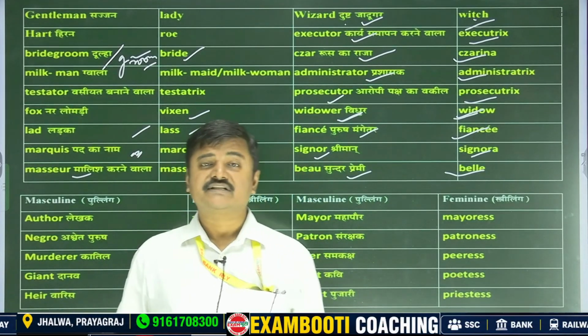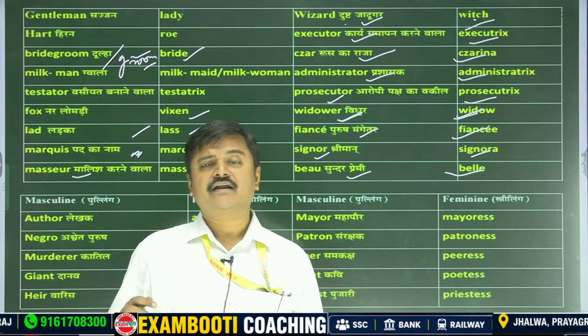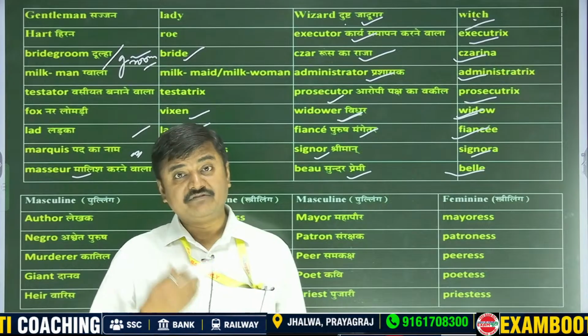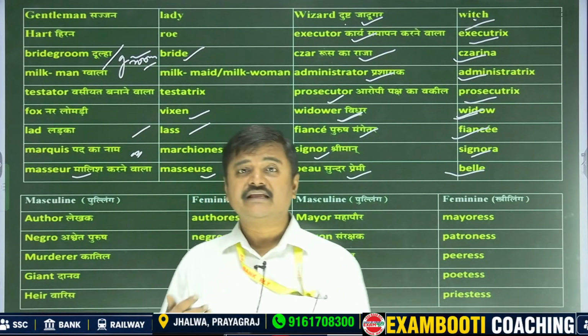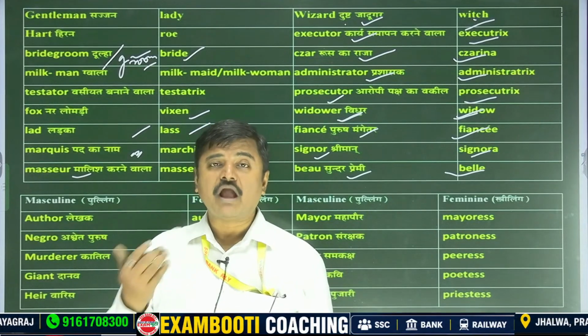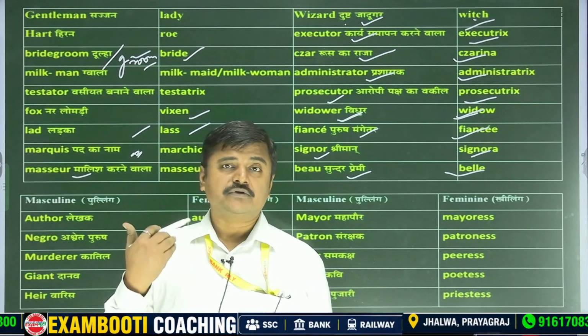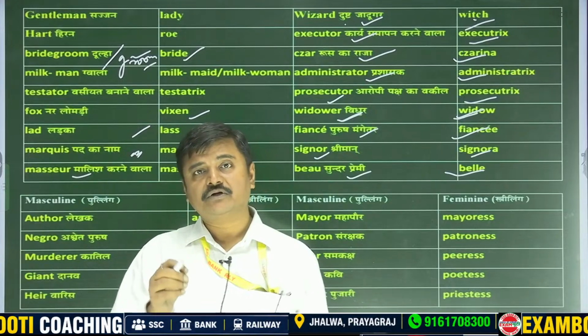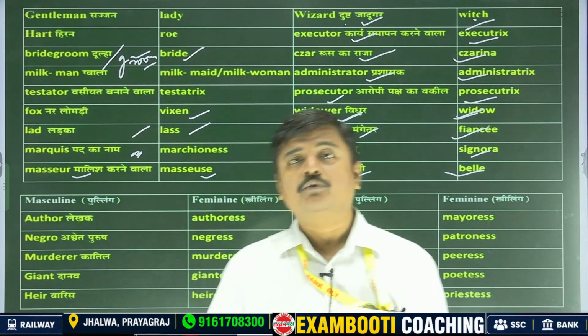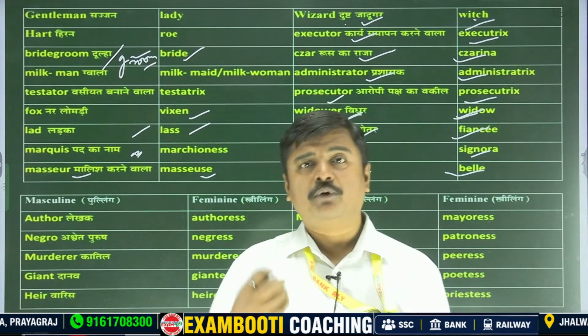All these words are very important. Even if they are not asked in a direct way, if they are anywhere in any sentence or paragraph, you have to have the knowledge of this word to understand the whole comprehension. That's why most of the time words become so important.